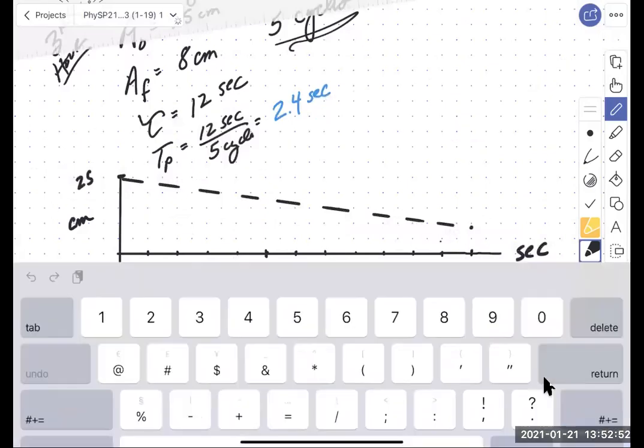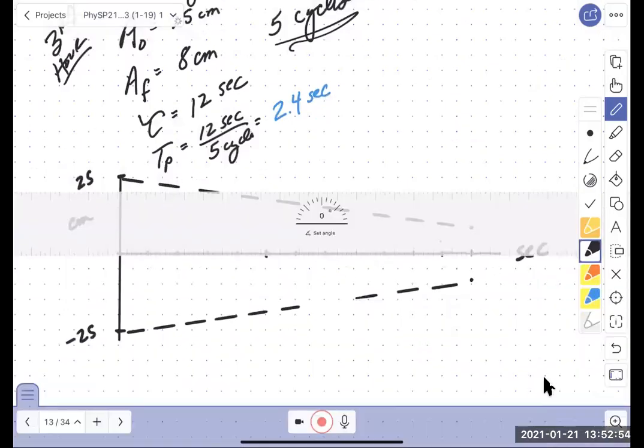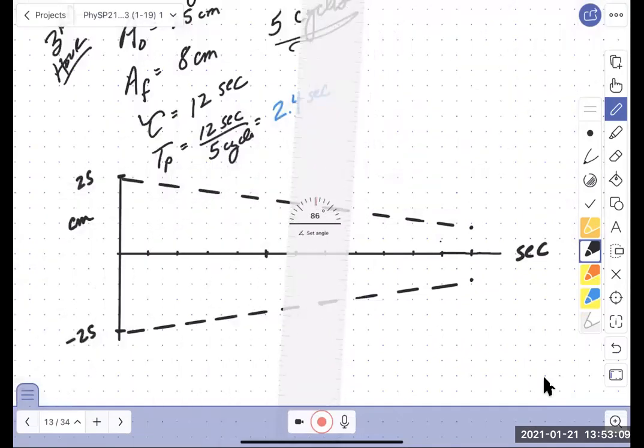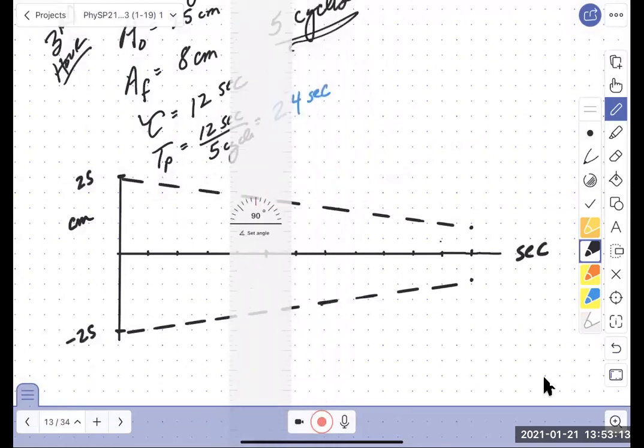So inside that envelope, I've got to draw my 5 oscillations. Now we know it's cosine. That's my amplitude envelope. Now I got to put my time constraints on there.